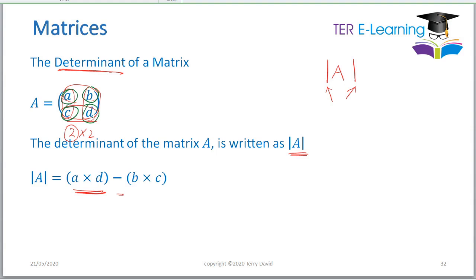So it's A multiplied by D minus B by C. This is a formula that you all need to know, and this only applies to a 2 by 2 matrix, right? For a 3 by 3 matrix it is something different. So only for a 2 by 2 matrix, the determinant is found by multiplying A by D and then subtracting B by C, right?